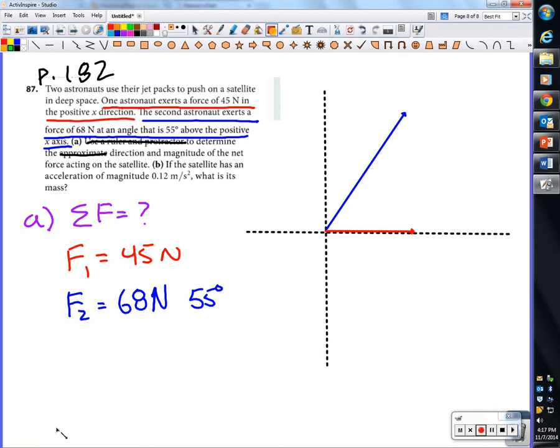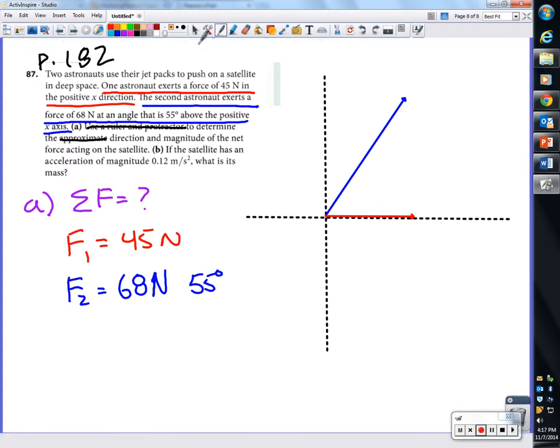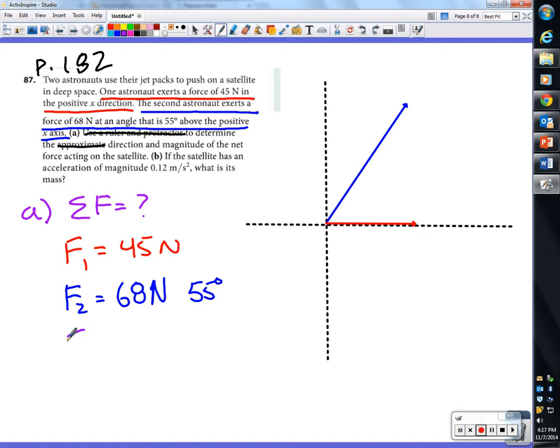The net force is the vector sum, right? Sigma F is equal to F1 plus F2, right? But both being vectors, we can't just add the magnitudes together. We have to find the resultant vector.